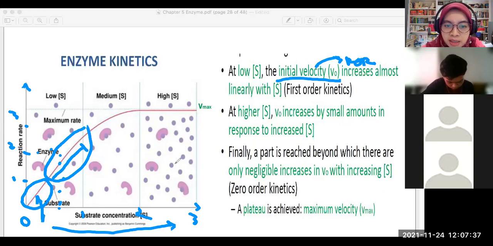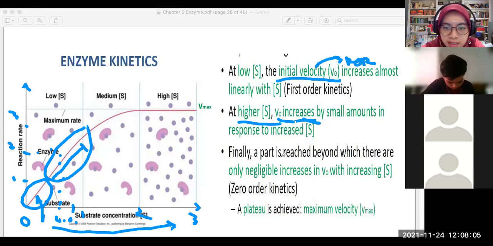Maybe the substrate is changing from 0.1, for example, to 0.8, but the rate of reaction is only changing from 2.1 to 2.15. There is an increase of substrate concentration, but the initial velocity only increases in small amounts. That is for sentence number 2.